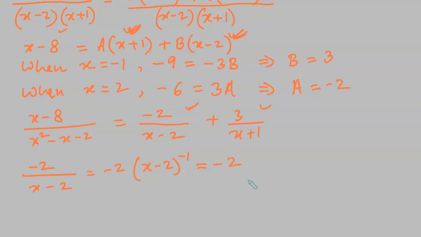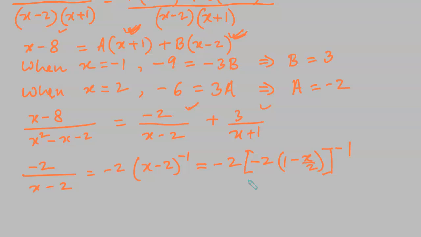Negative 2, and if I write this as negative 2 plus x, so if I take out this negative 2, it becomes 1 minus x over 2, raised to the power of negative 1. Okay, because negative 2 times 1 is negative 2 and negative 2 times negative x over 2 is positive x.